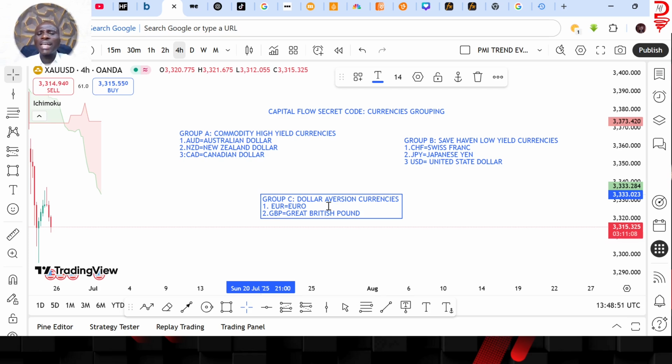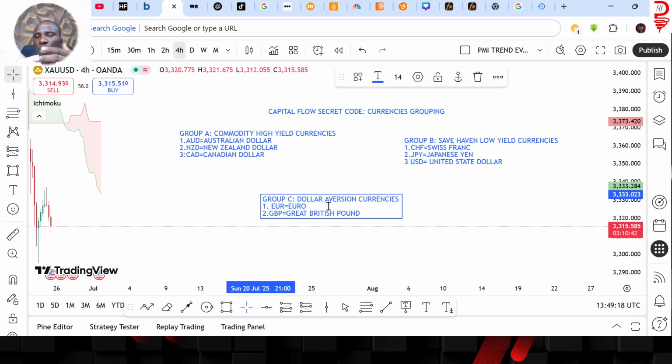So of course you can still trade within the groups, but you must have very valid reasons why you are doing that. Because on a larger scale, movement of currencies within the group, especially the commodity high yield currencies, does not really give us a clear trend. This is very important for you to note.